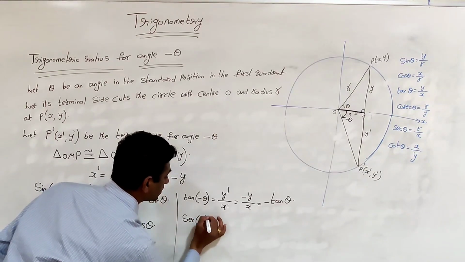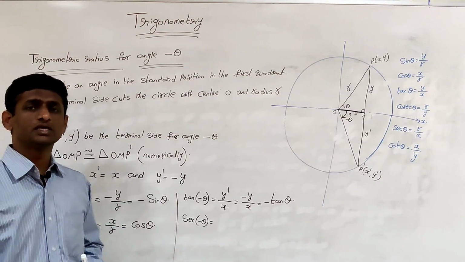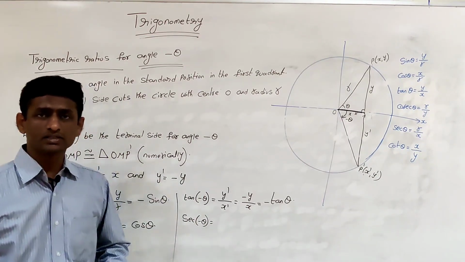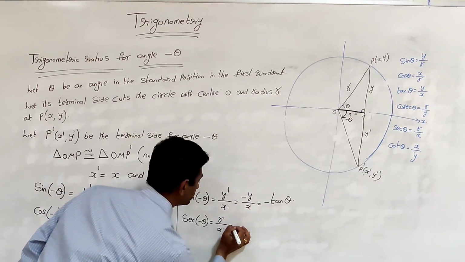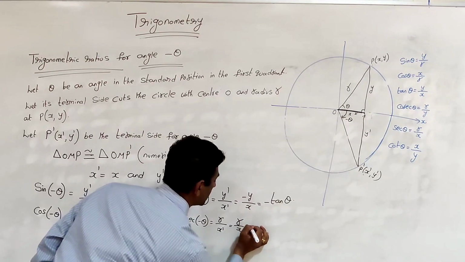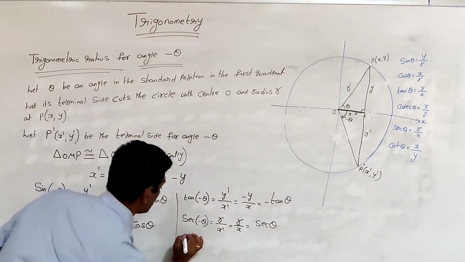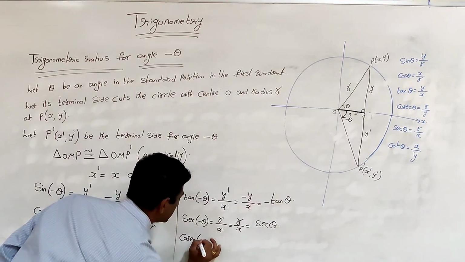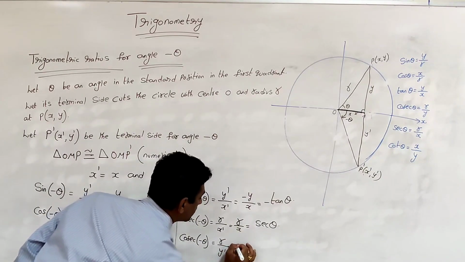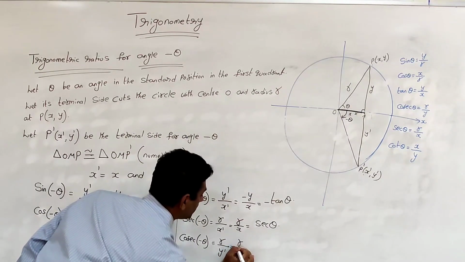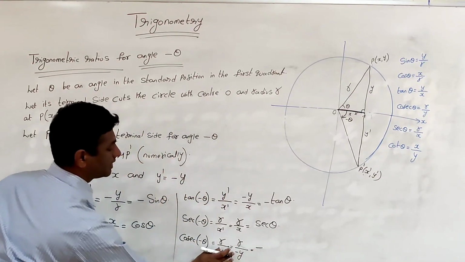Secant of minus theta is the ratio of hypotenuse and adjacent side of minus theta. So it will be r by x dash, so it will be r by x, and that gives secant theta. Next, cosecant of minus theta. That will be r by y dash, so r by minus y, which will be minus r by y.